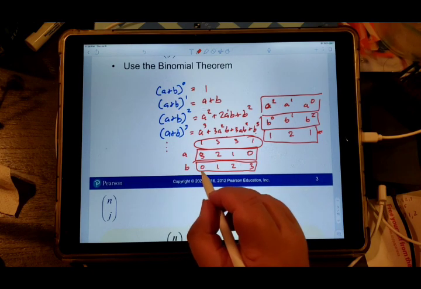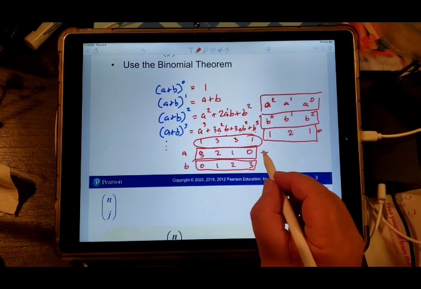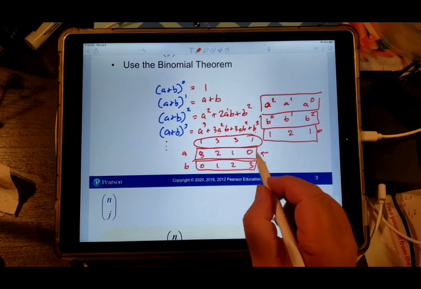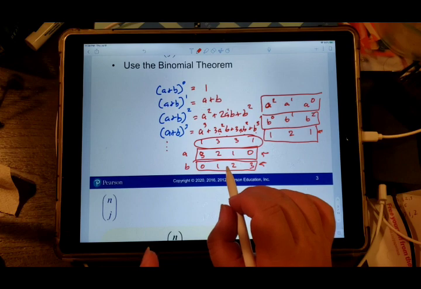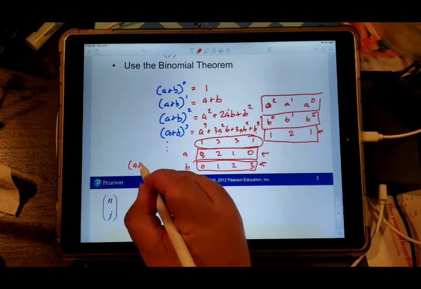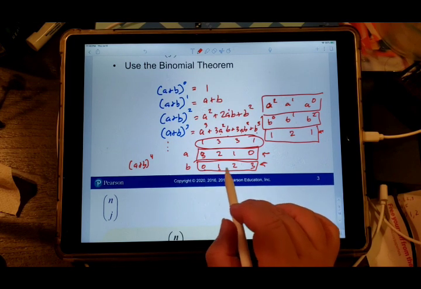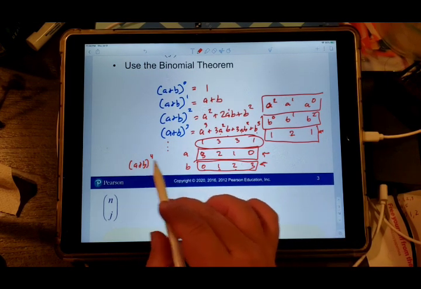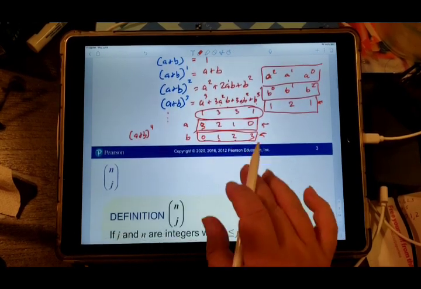I'm saying it's b to the 0, b to the 1, b to the 2, b to the 3. So these are pretty predictable. I think you'd guess what would happen if I did a plus b to the 4. B would go 0, 1, 2, 3, 4. A would start at 4 and count down. Okay, I think you've got this pattern locked in.